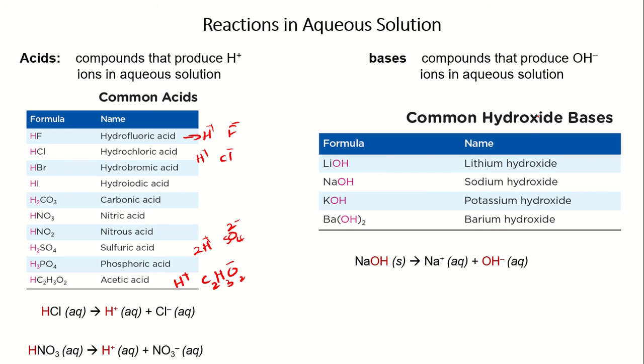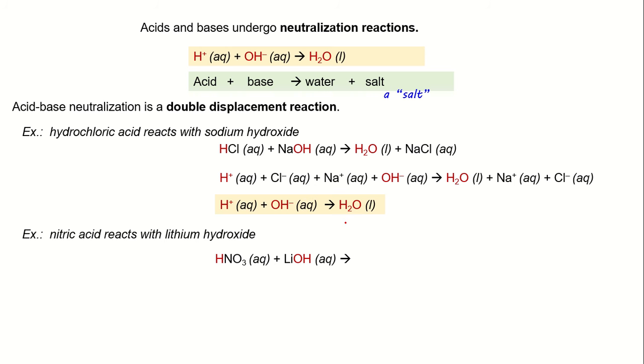And then from the hydroxide or the base, it's not just OH, there is a cation also, like sodium or potassium, some sort of a metal ion, a positive charge. So the positive charge of the base and the negative charge of the acid will come together and make a salt. So what is this salt? It is not necessarily sodium chloride.